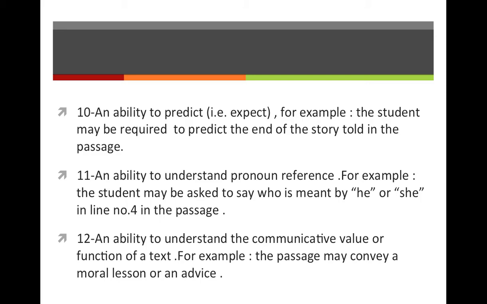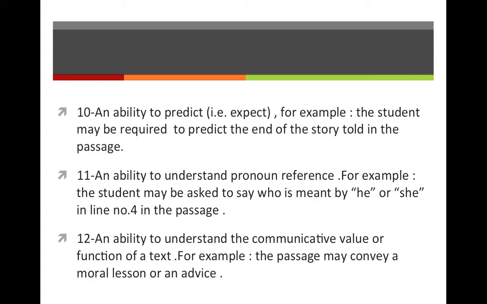The 11th ability is the ability to understand pronoun reference, الضمير وعود الضمير. And this occurs many times in exams. For example, the student may be asked to say who is meant by he or she or them or their or his.